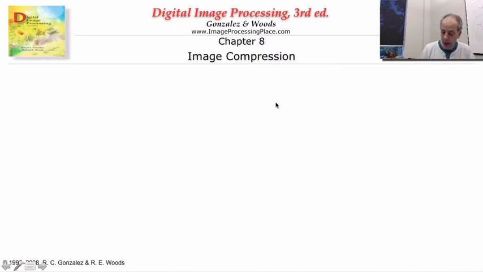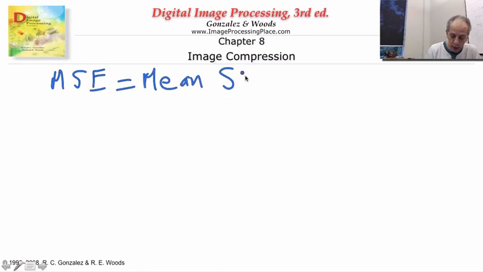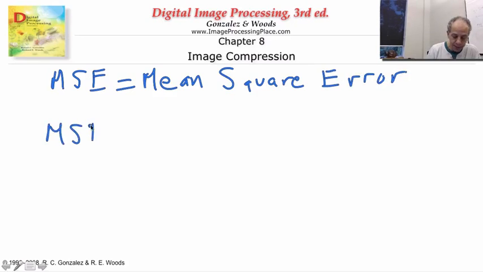And the basic idea is that error is measured with what's called the mean square error, MSE. And it's computed as follows. The mean square error, the MSE, is equal to 1 over the number of pixels.